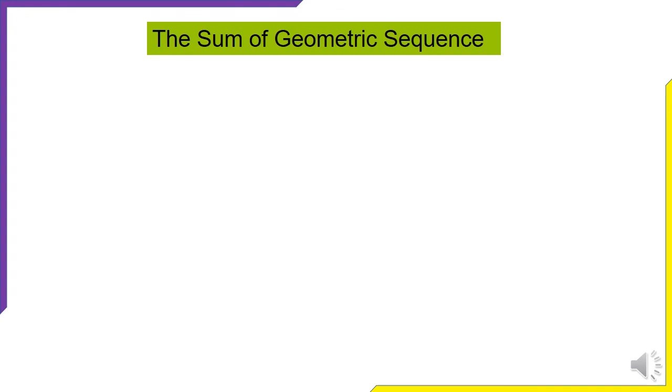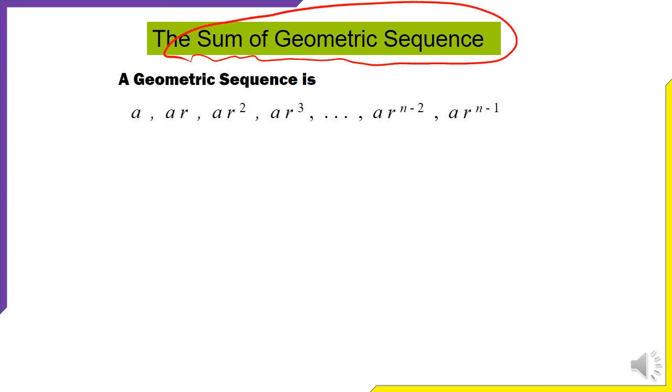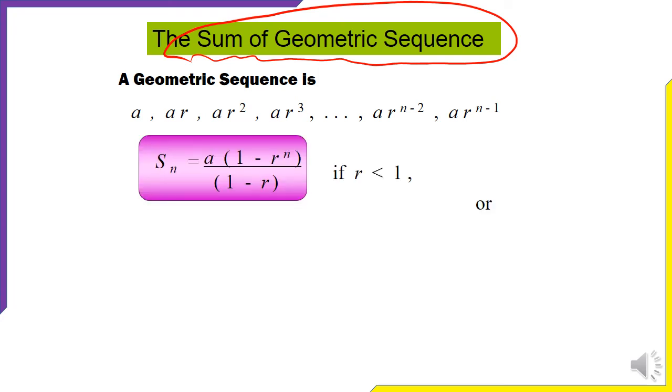The next part of geometric sequence, the same as the arithmetic sequence, is the sum of the first n terms in the geometric sequence. So this is the sequence, and we need to know the sum. We can directly use the formula Sn equals a multiplied by 1 minus r to the power of n, divided by 1 minus r, if r is less than 1.